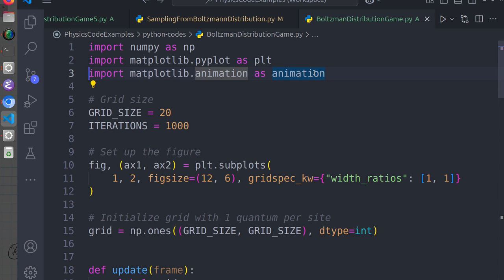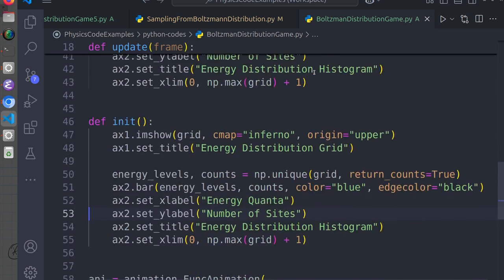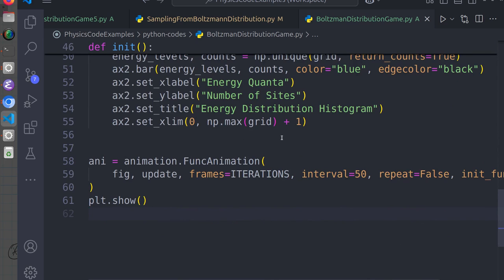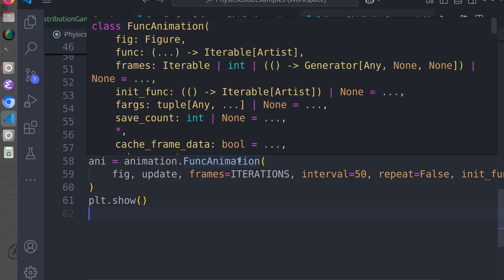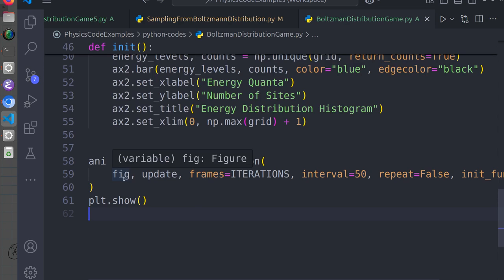And animation, you can see how it works. It needs 2 methods to be defined. We're going to give the animation function, which is called func animation, an object for the figure. We're going to have a method which updates the figure, right?